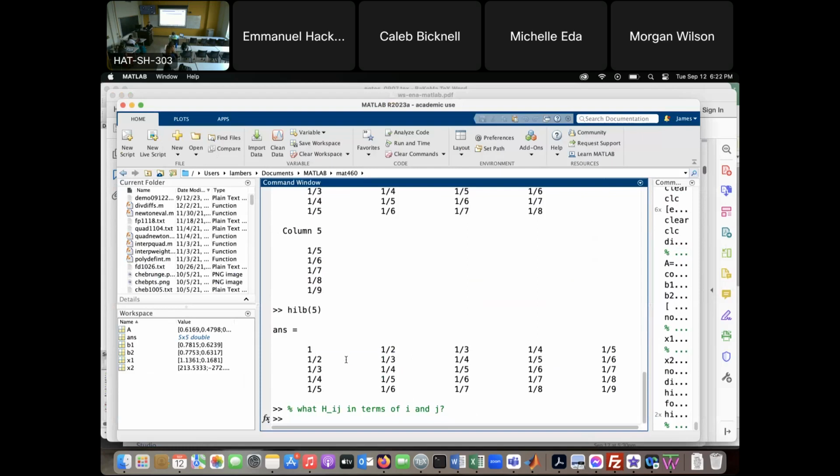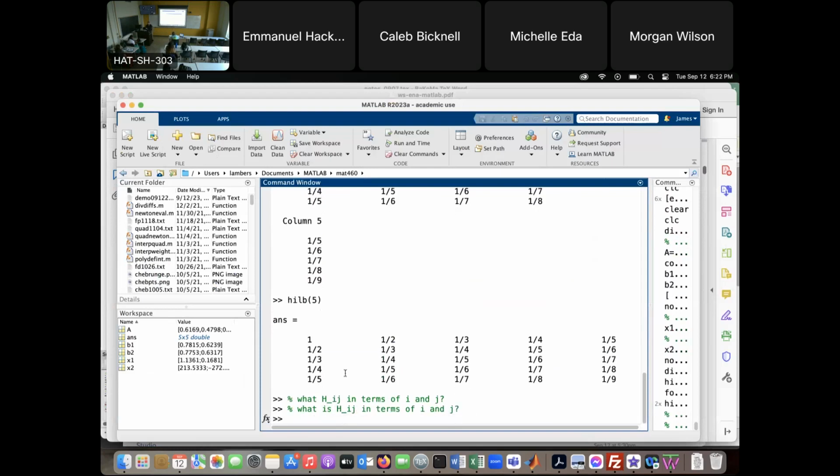For example, if I let i equal 1 and look at the first row, then j is equal to 1, 2, 3, 4, 5. Use that to figure out the entries of the first row as a function of j, and then do the same for the second row. It's basically extrapolating from patterns.